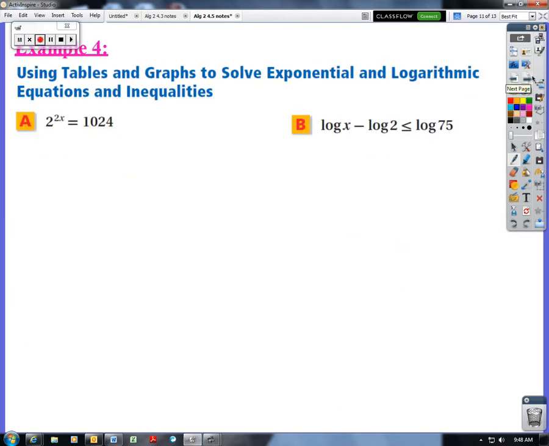And this, because we're using tables and graphs, we're going to be using our calculator strictly instead of doing it by hand. This one you might be able to figure out already if you know it. Anyway, let's just do it.